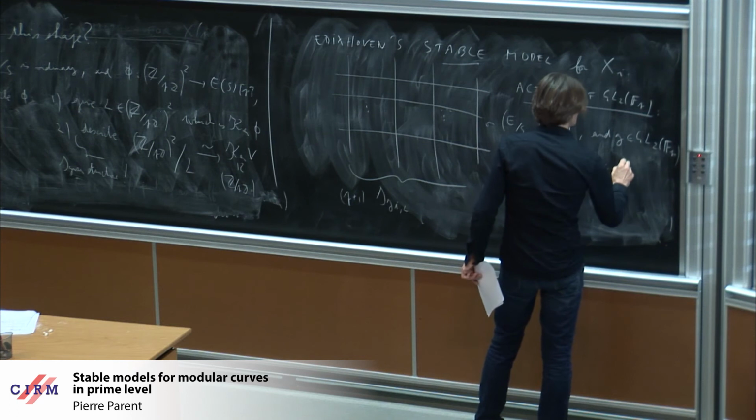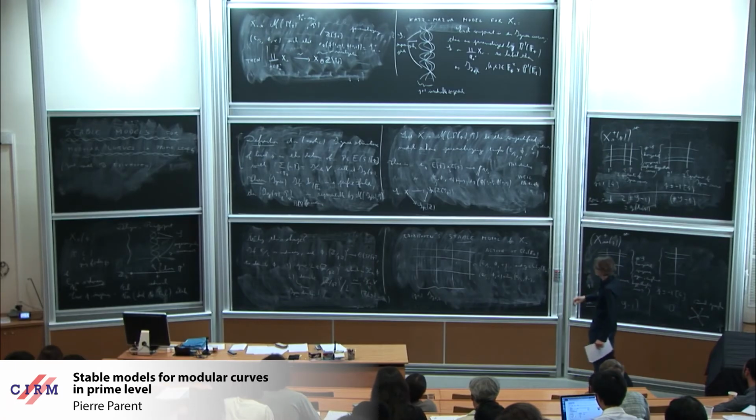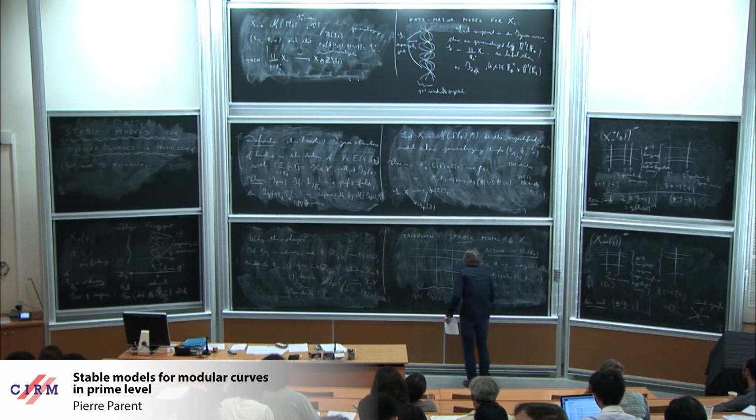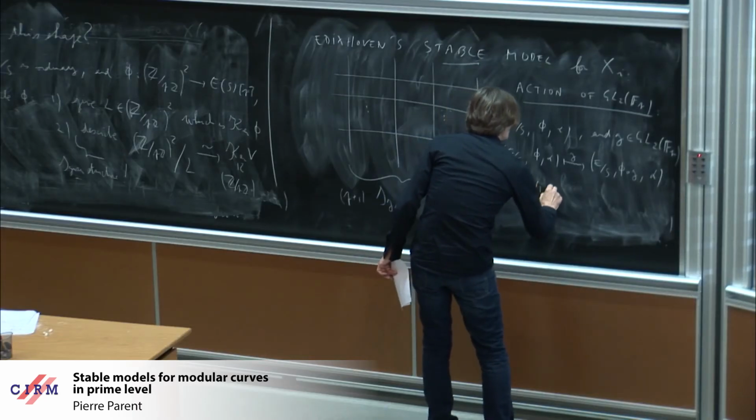You just compose the Drinfeld structure, or the Gamma(p) structure, by G. Now, what happens with the Weil pairing?